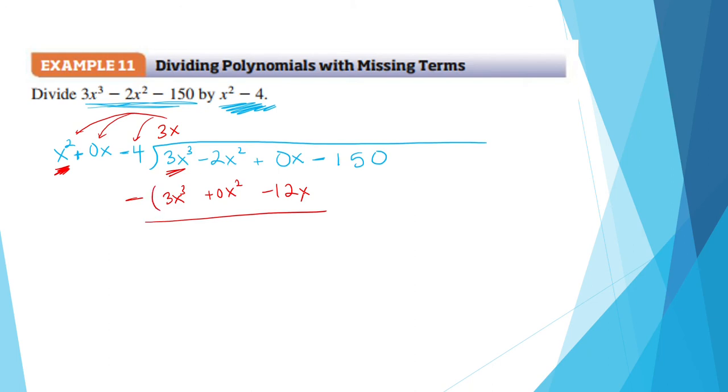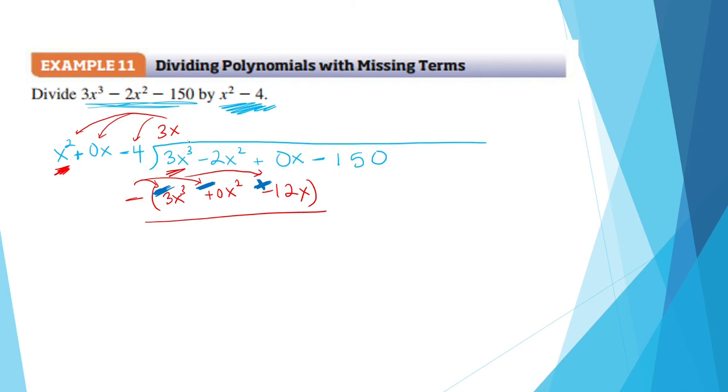I'm going to have to distribute the negative now to the right side. This is a negative 3x cubed. This is a negative 0x. And this is actually a plus 12x.